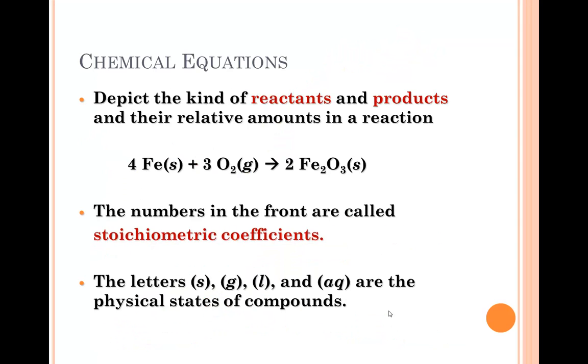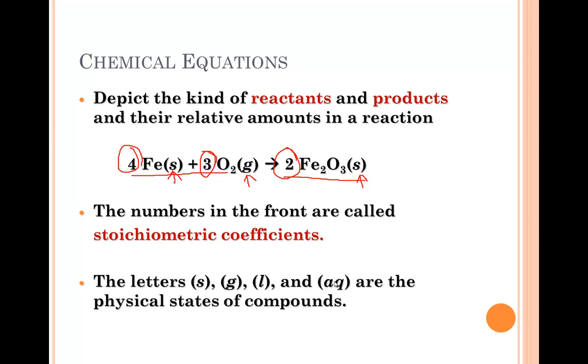So the chemical equation depicts the kind of reactants and products and how they relate to one another. The numbers in front, once again, are called the stoichiometric coefficients. You'll notice the letters here in parentheses. They're stating the physical state: solid, gas, liquid.